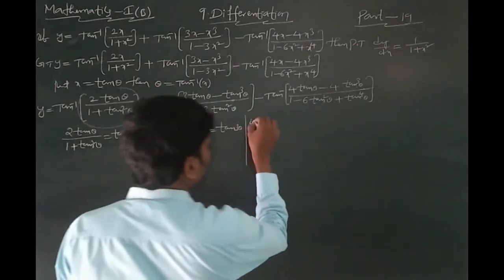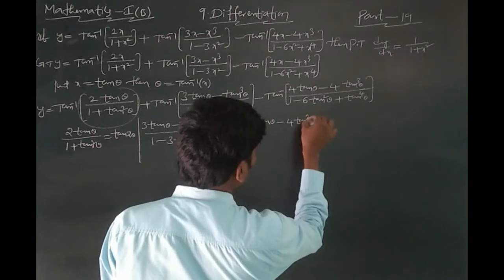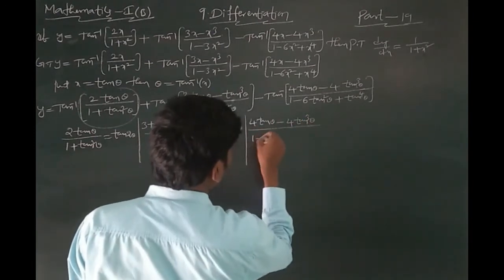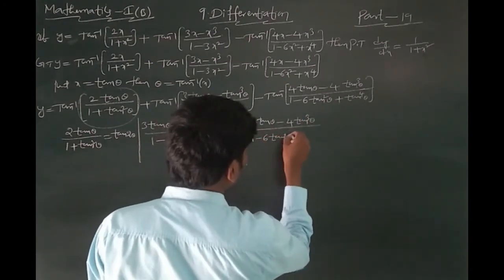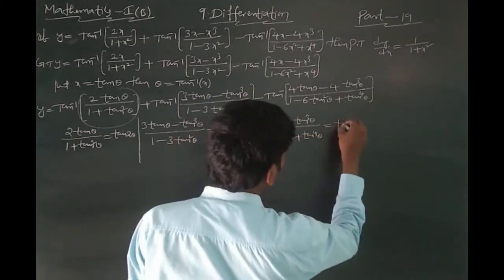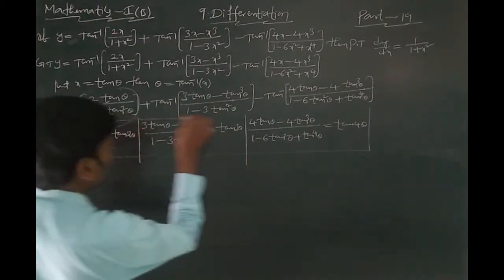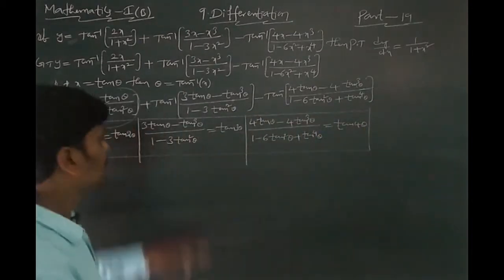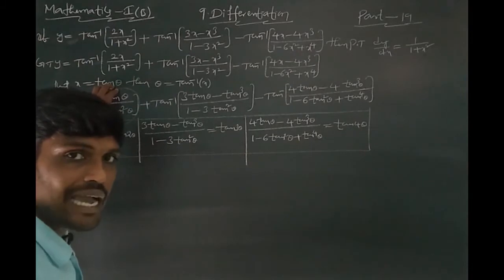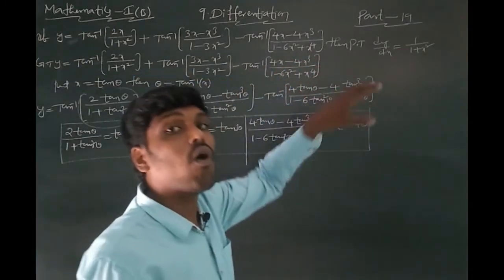Similarly, (4 tan theta minus 4 tan cube theta) by (1 minus 6 tan square theta plus tan power 4 theta) is tan 4 theta. These are the formulas of each term: tan 2 theta, tan 3 theta, tan 4 theta.